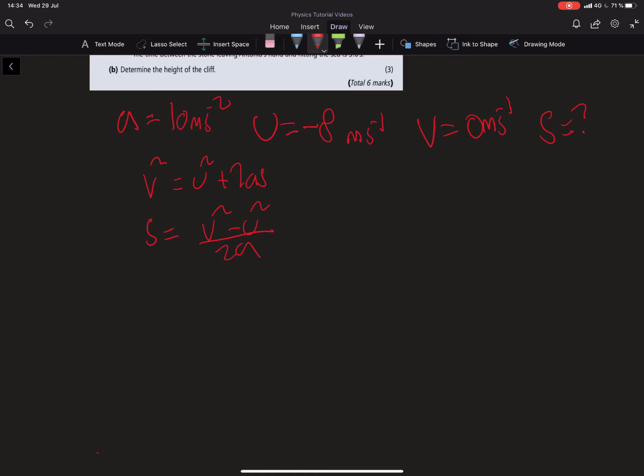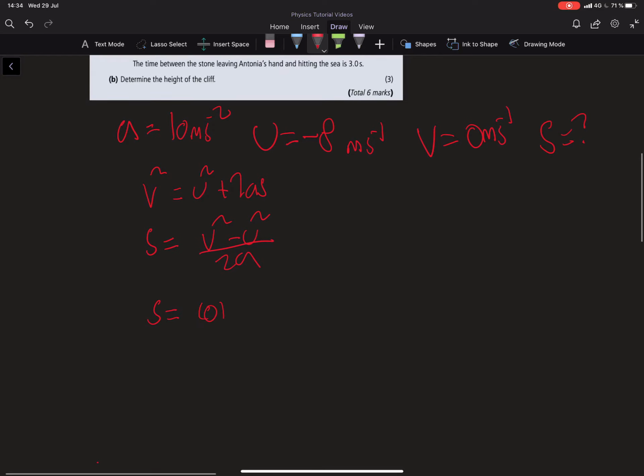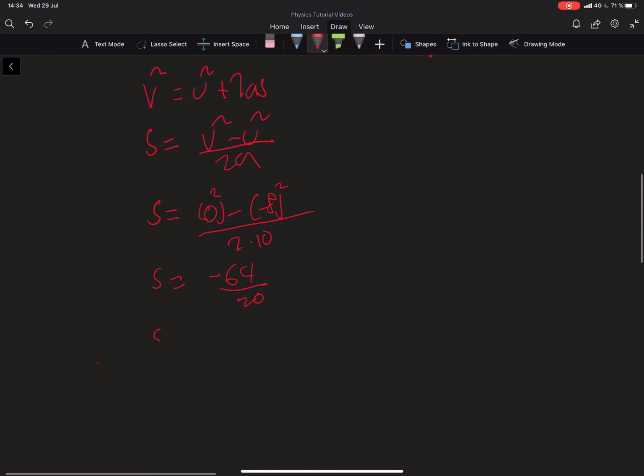And from here, you can just plug in the values that we have. We have all the known values. So s is equal to 0 squared minus negative 8 squared over 2 times 10. s is equal to negative 64 over 20. And s is then, of course, equal to negative 3.2 meters.